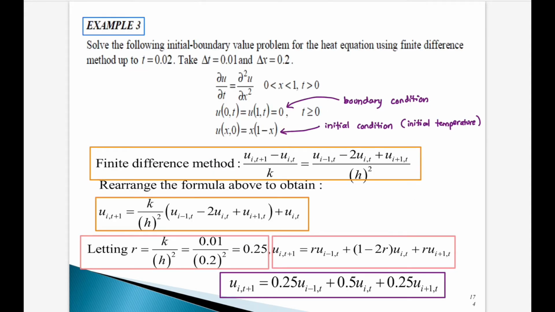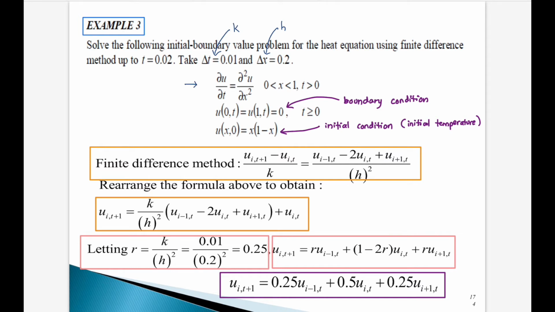Example 3. Solve the following initial boundary value problem for the heat equation using the finite difference method up to t equal to 0.02. Take difference t equal to 0.01 and difference x equal to 0.2. Okay, this is your h and this is your k.